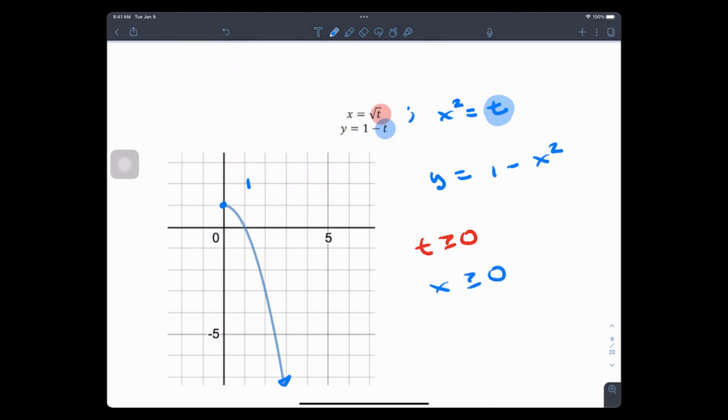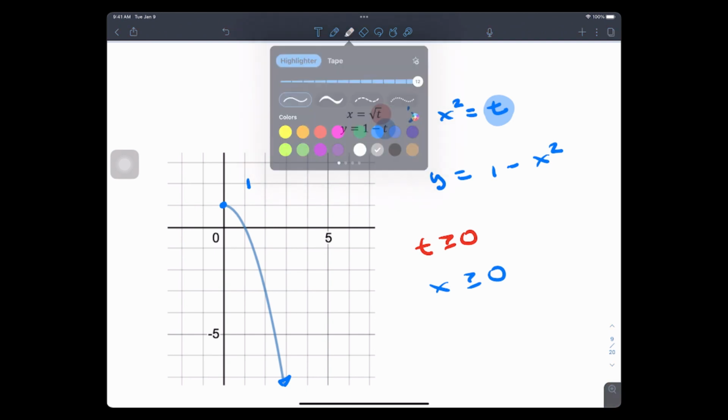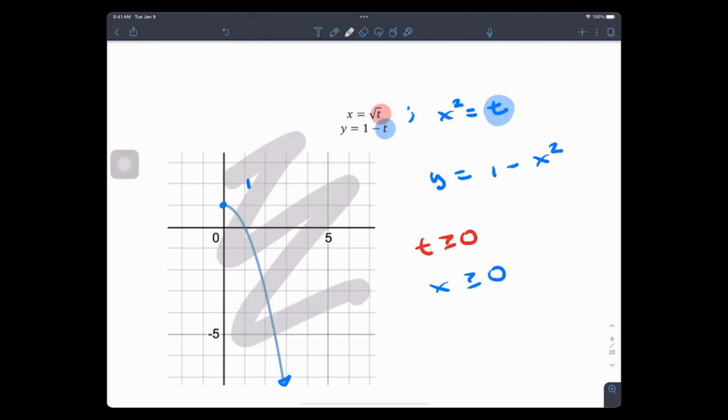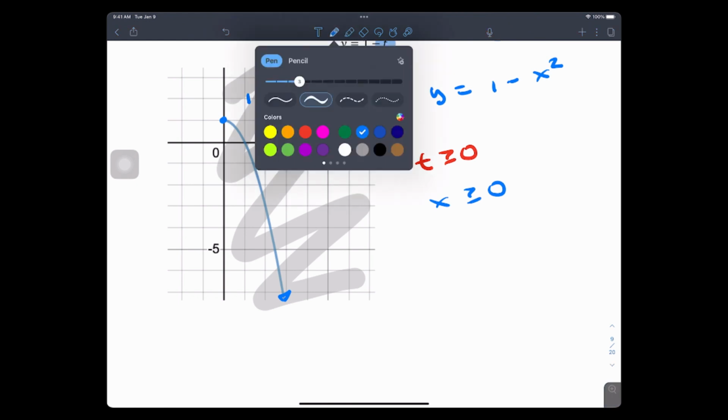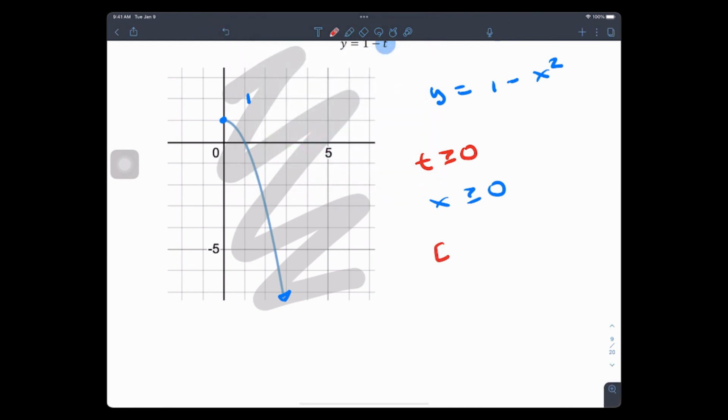So where are positive values of x? Positive values of x are all in this plane here. You guys see my point? Those are all the x coordinates that are positive, everything to the right. To the right of the y-axis, x values are negative. Yes? Would that mean that the domain would be 0 to infinity? Yeah, actually, it's 0 to infinity. So, yeah, what that means about t is 0 to infinity.